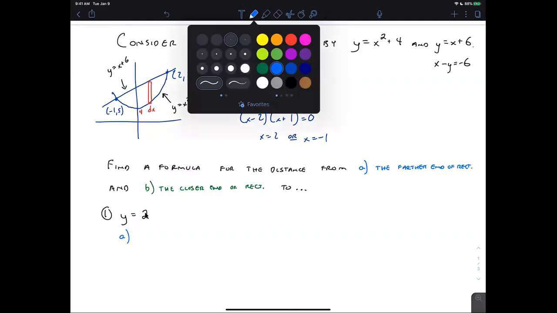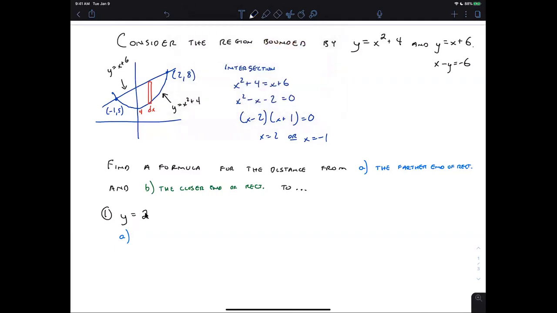Well, let's draw y equals 2 on there. That's a horizontal line right around there. Does that make sense? Okay, so if I look at the rectangle, which end of the rectangle is the farther end? The top of the rectangle or the bottom of the rectangle? On this one, the top happens to be farther away.